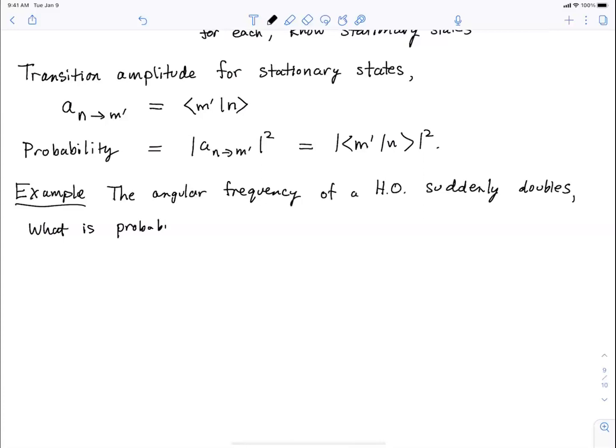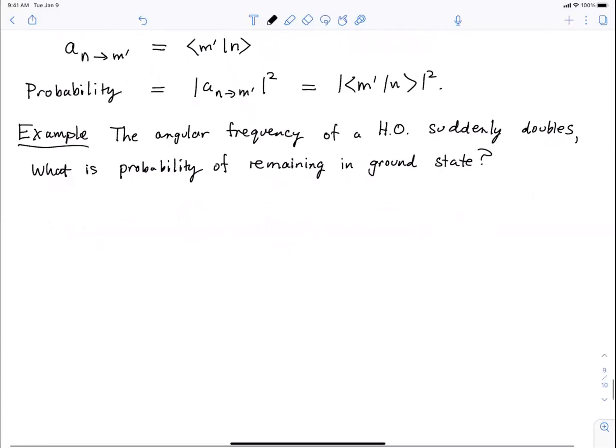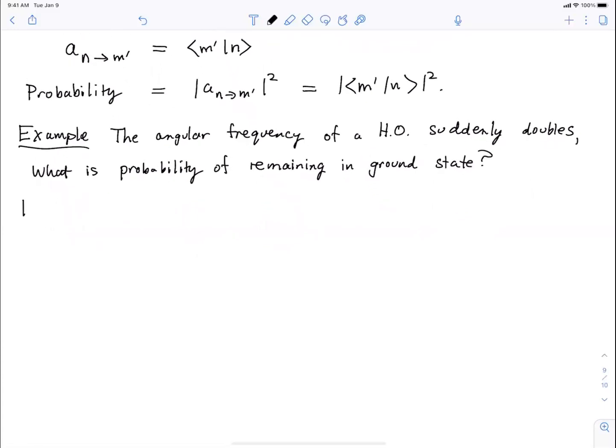So what is the probability of remaining, implying that you were there already, in the ground state? Okay, and we can't be fooled by the terminology because it's a different ground state. In fact, that's sort of the whole point. So before the transition, let's do this in terms of wave functions.